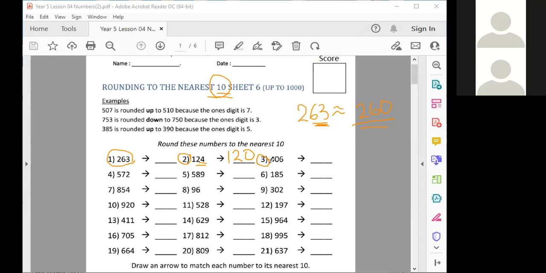Number 3. 406. Very good, Rajavin. You direct message me, guys. You put in the chat, everybody also can see, ma. Wait, Saidarshan. We want to round off to the nearest 10. So you are at 6.